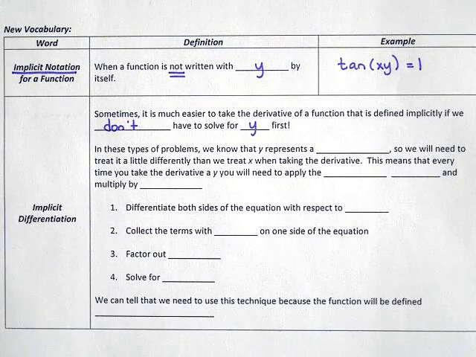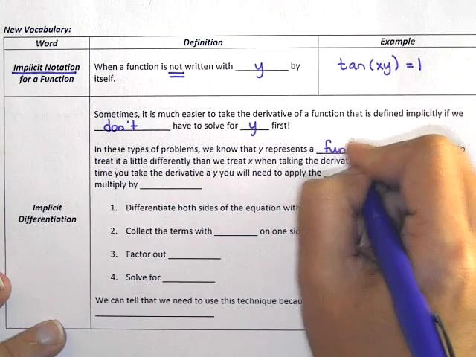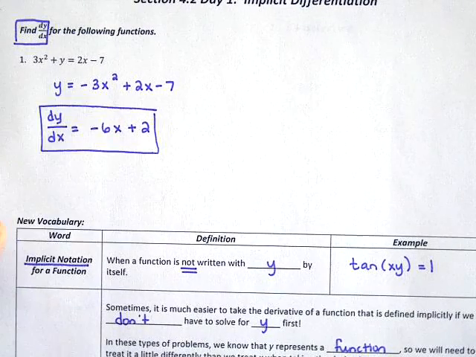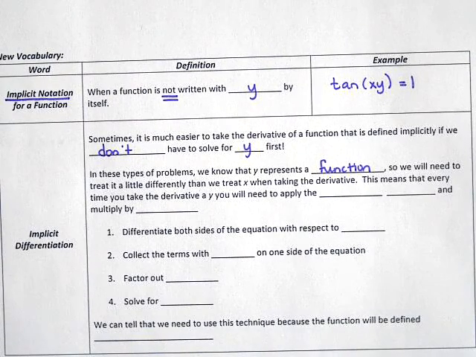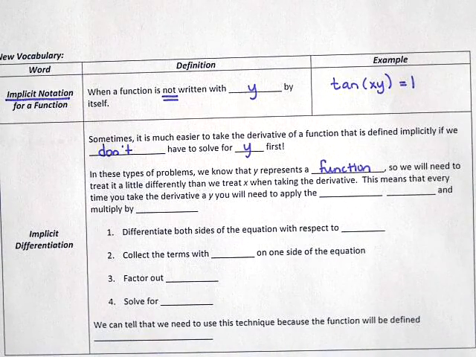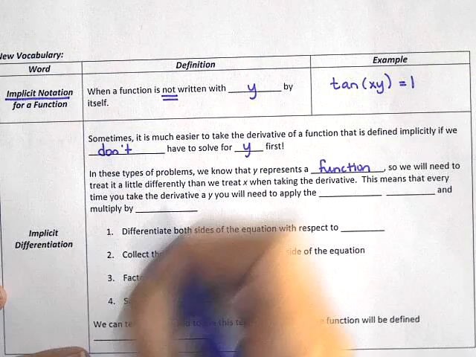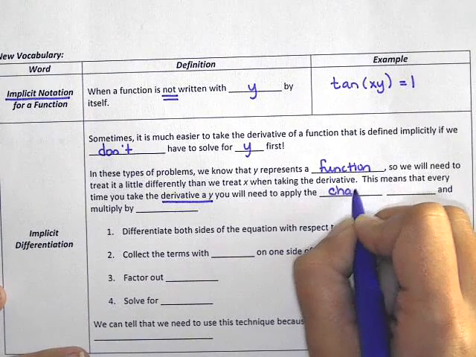In these types of problems, we know that y really represents an entire function. If we could get y by itself, it would be equal to all of this stuff. So when we take these derivatives, we will need to treat the derivative of y a little differently than we treat the derivative of x. What this means is that every time you take the derivative of a y, you will need to apply the chain rule.